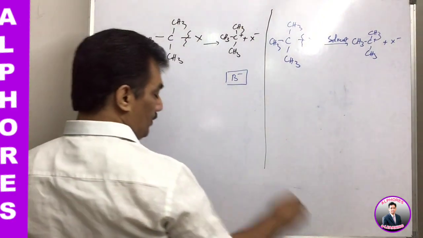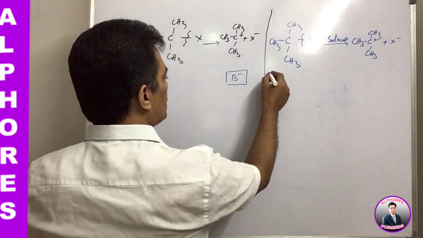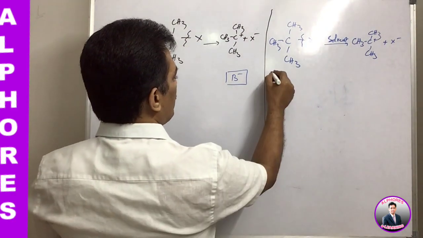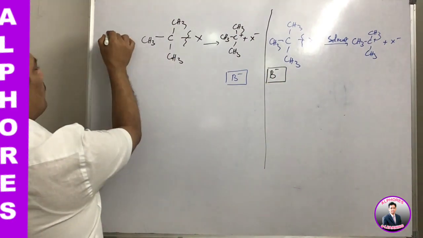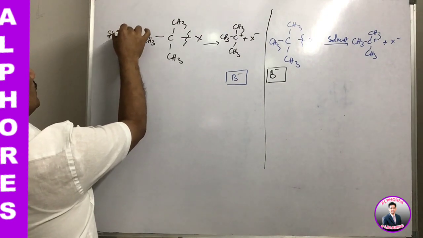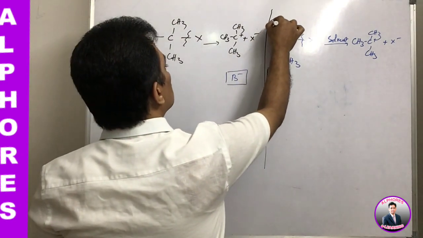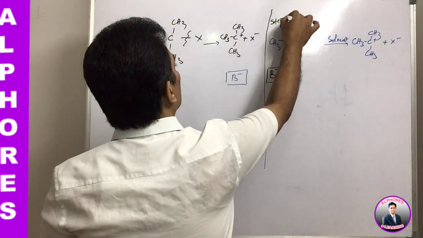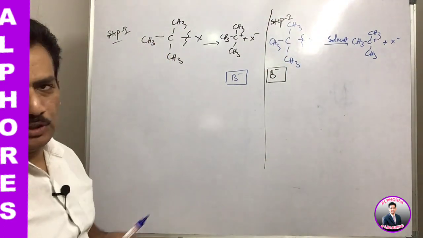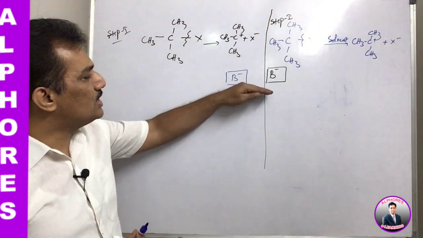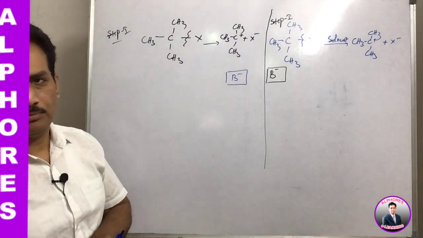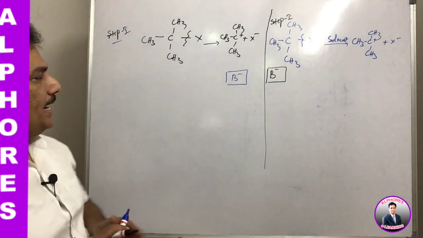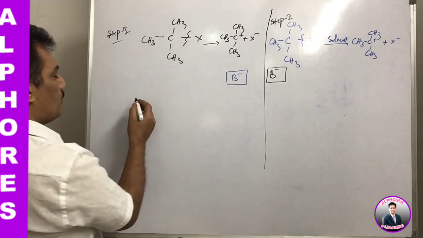And now B minus is already there. This B minus is ready to attack, but remember this is step 1. In both these cases, we don't know whether it is going for elimination or substitution, because this reagent is not at all involved in step 1. You observe. Clear? Now, after step 1, what is the product formed?